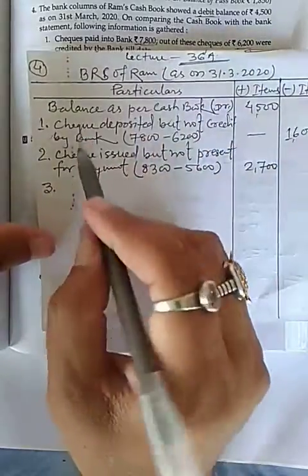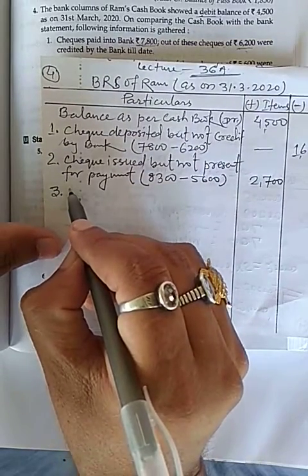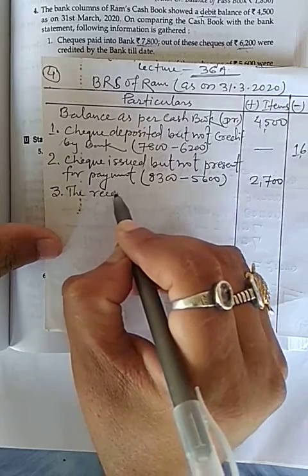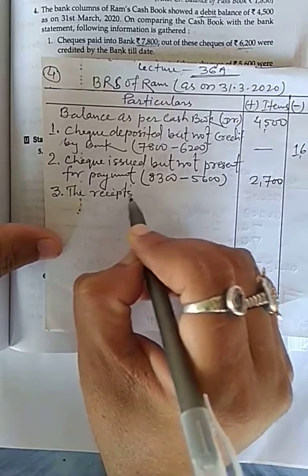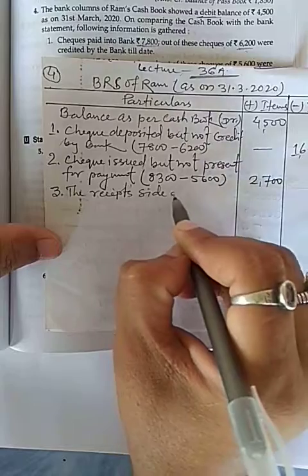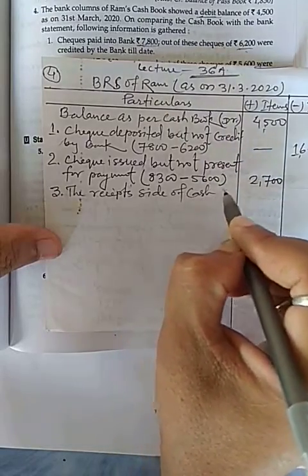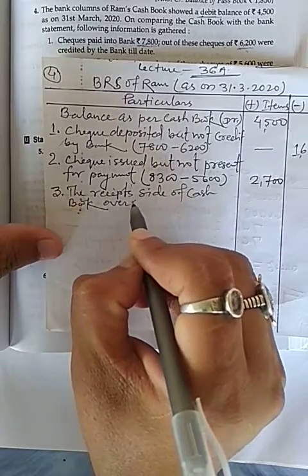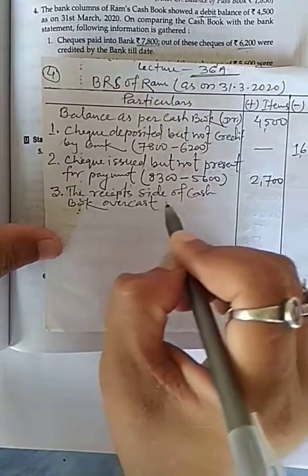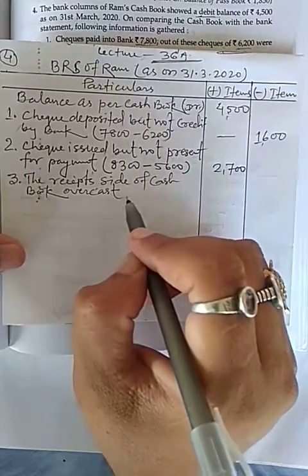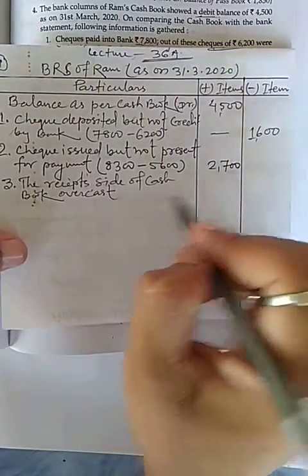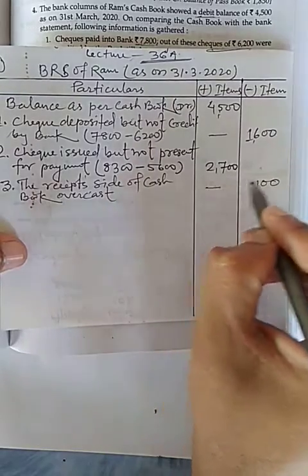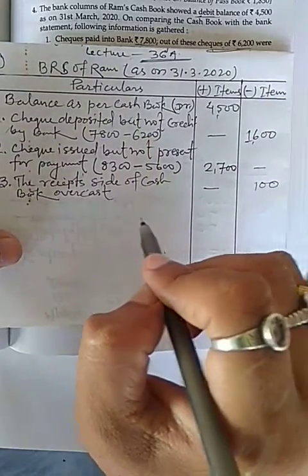So we will write the receipt side of cash book overcast means increase, and it will be in minus side, minus item.